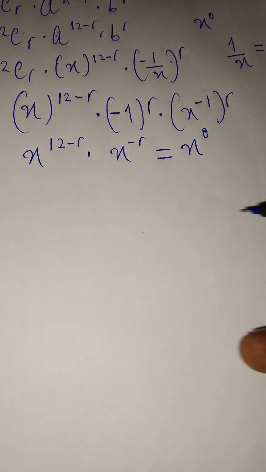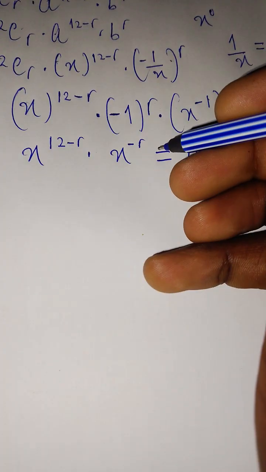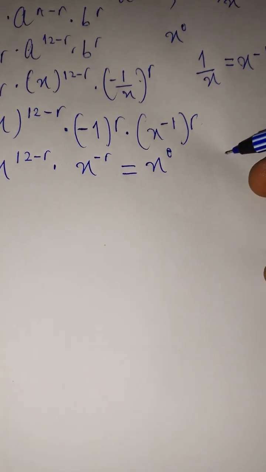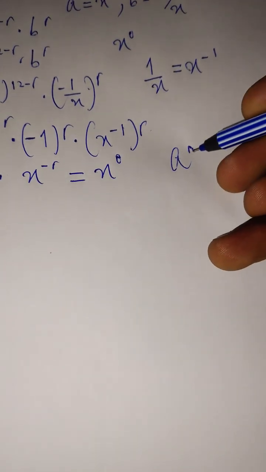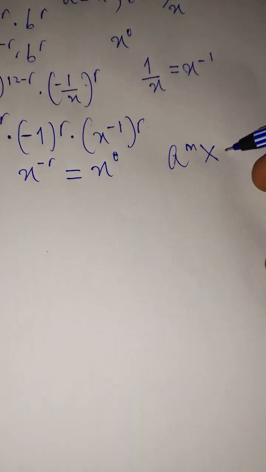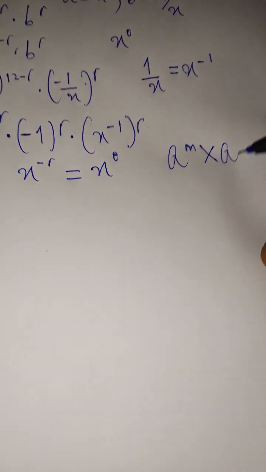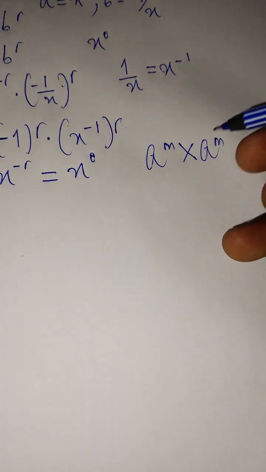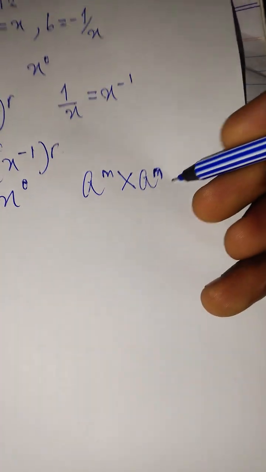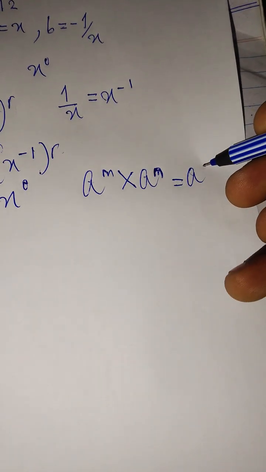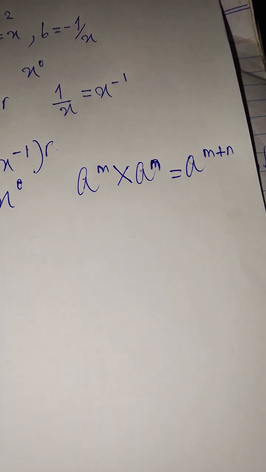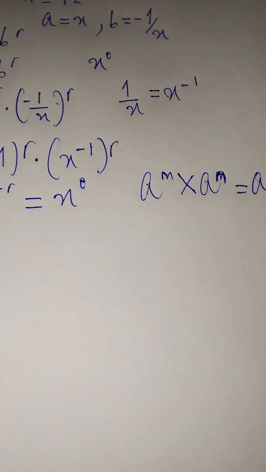So here we just apply the rules of indices, which says when you're multiplying same bases with indices, we just add the indices. So we maintain the same base and just add the indices.